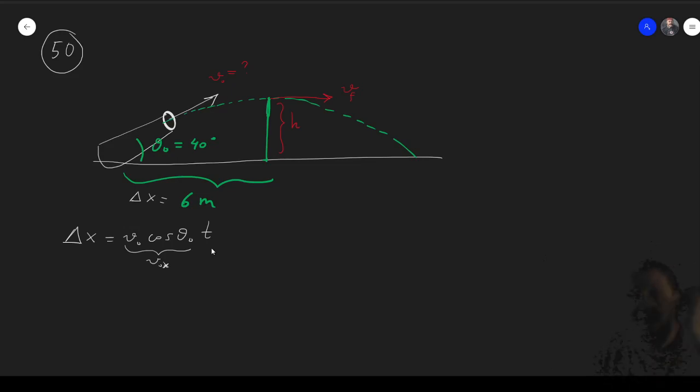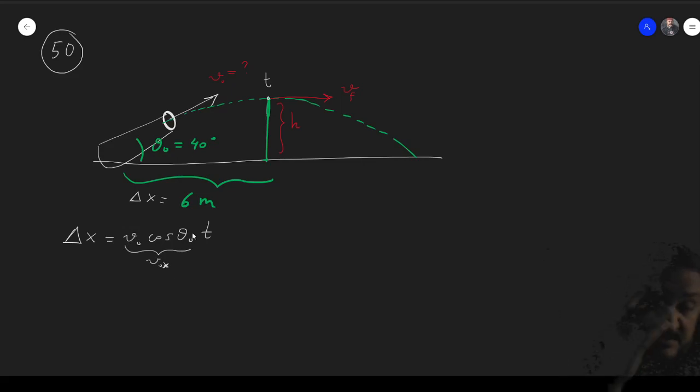This t here is the time when the person is at the maximum height, not when he lands on the ground. Keep that in mind. Now t is unknown, theta is known, delta x is known, but v naught is unknown. So one equation will not help you here.